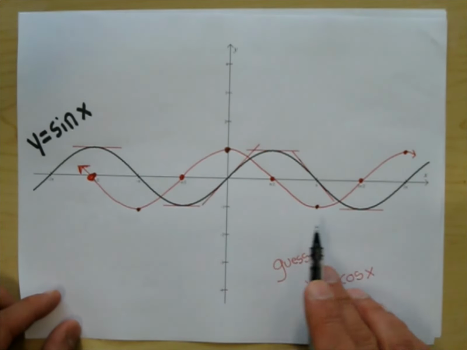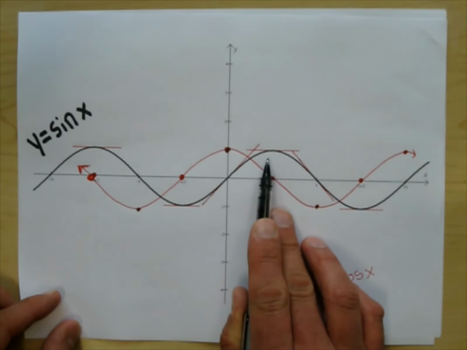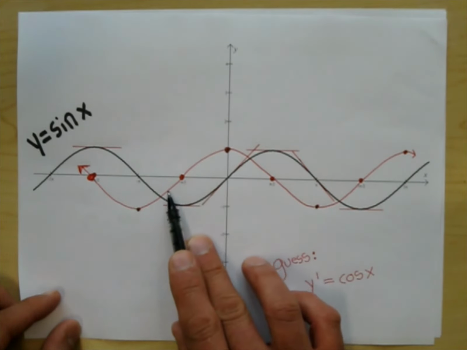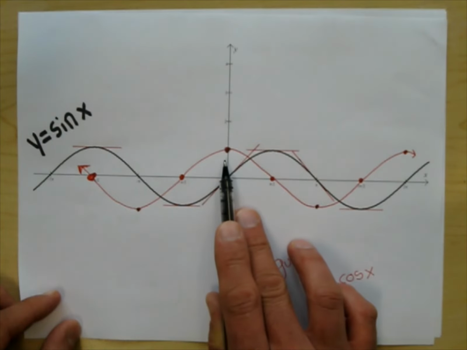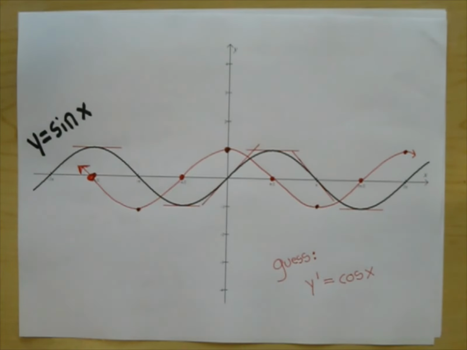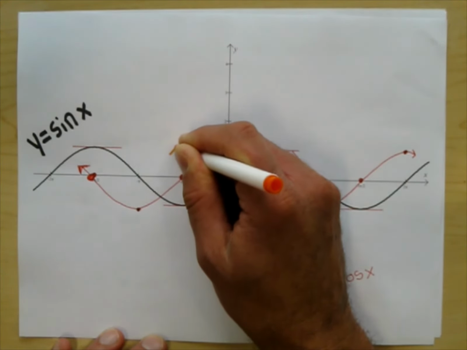Look, when I took the derivative of the sine, I got the cosine. And then I take a derivative of this. We said that the graph shifted over pi halves. Well, if the graph shifts over pi halves again, it gets me this graph right here.